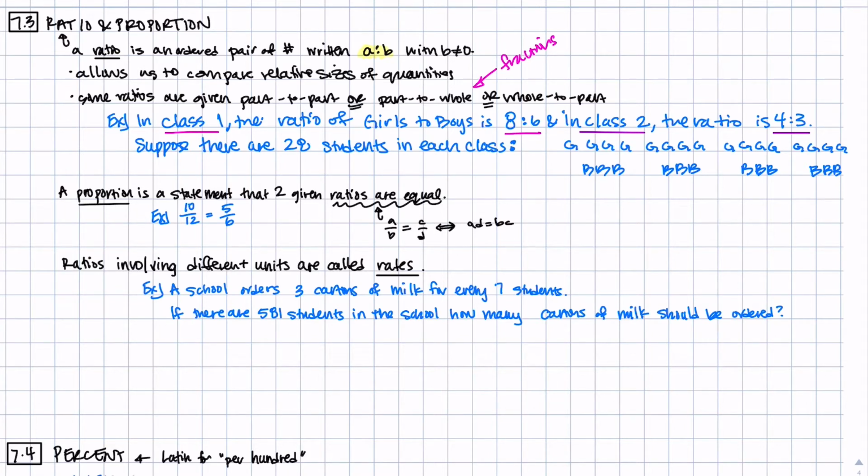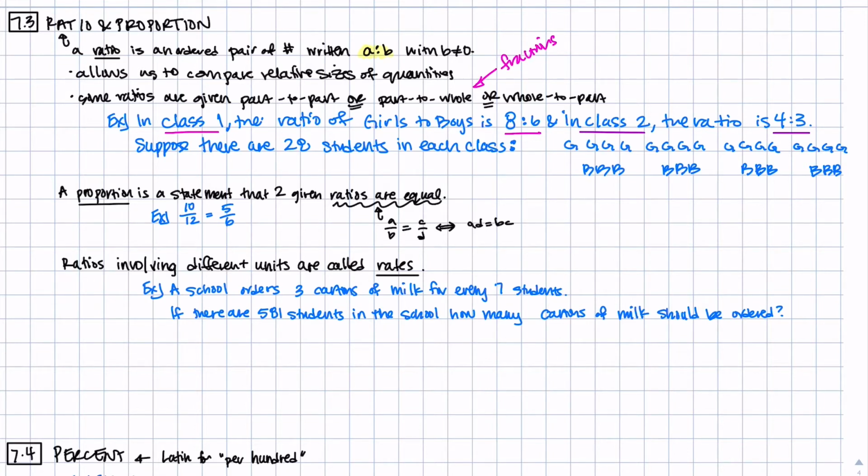So for class 1, I have 28 students and the ratio of girls to boys is 8 to 6. So you can see here I have 4 groups of 4 girls, so that's 16 girls, and 4 groups of 3 boys, that's 12 boys. Altogether, I should have 28 students in this little model.